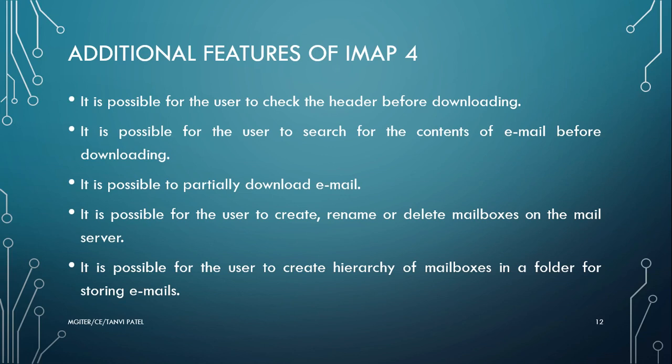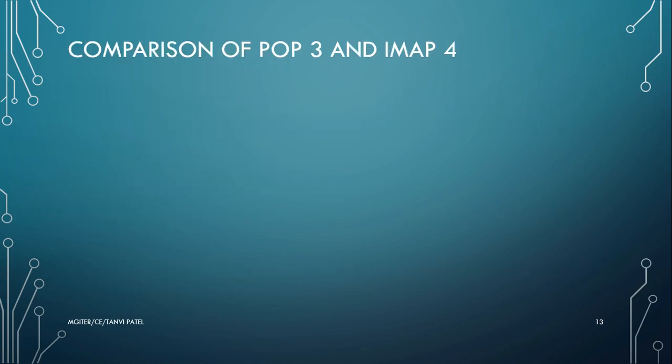It is possible for the user to create, rename or delete a mailbox on the mail server. It is possible for the user to create a hierarchy of mailboxes in a folder for storing emails.